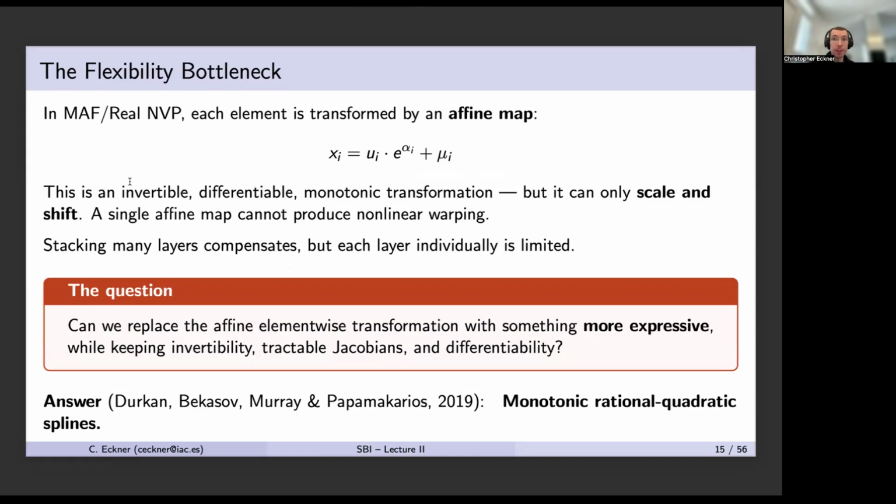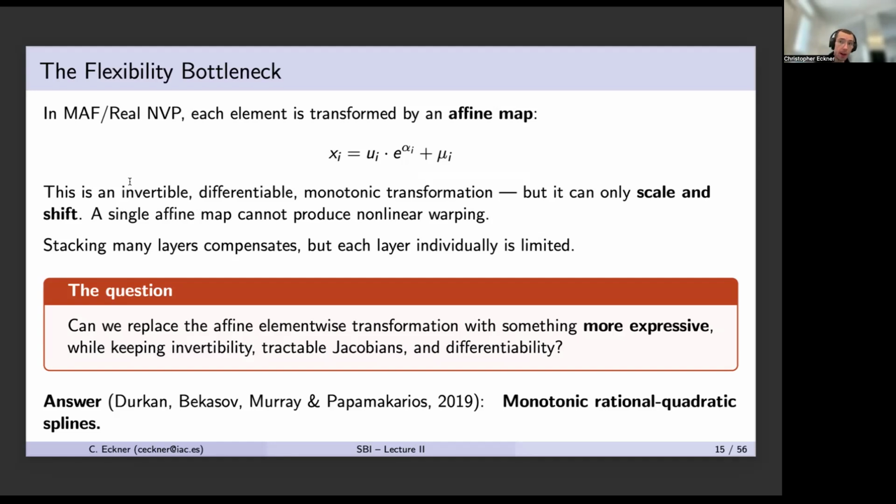But the only thing you can do is scaling and shifting all of this. So what you would like to do is, of course, to express posteriors that are very nonlinear. And you will need nonlinear transformations. So getting this done needs a lot of layers, as I said. And individually, each layer itself is limited in expressivity.